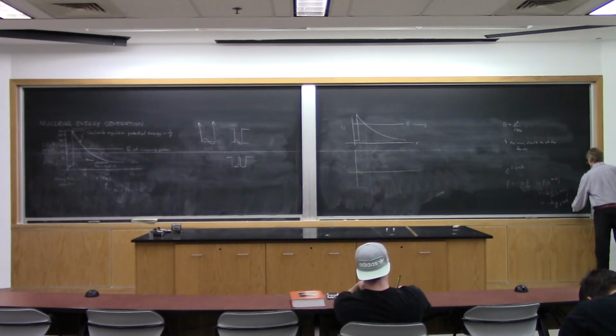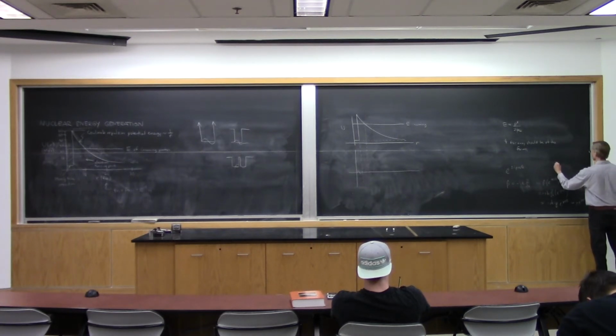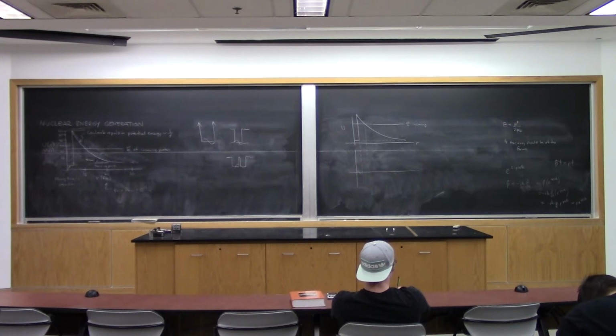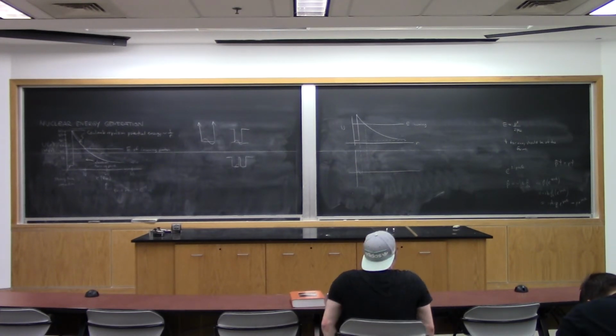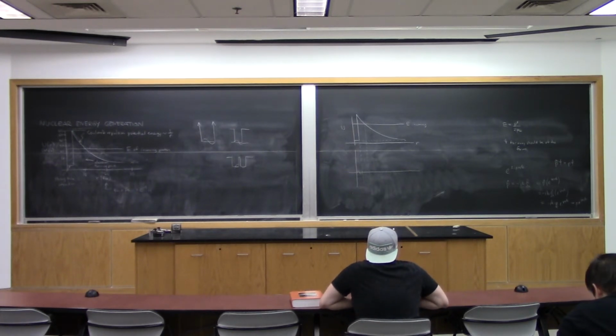So this is p e to the ipx over h bar. In other words, it's an eigenfunction of the momentum operator with eigenvalue p. The operator applied to psi is the eigenvalue p times psi. So e to the ipx over h bar is a wave that has momentum p.